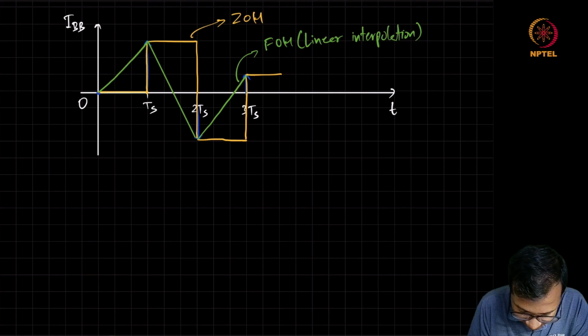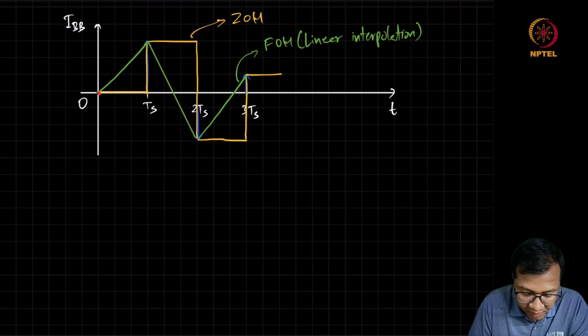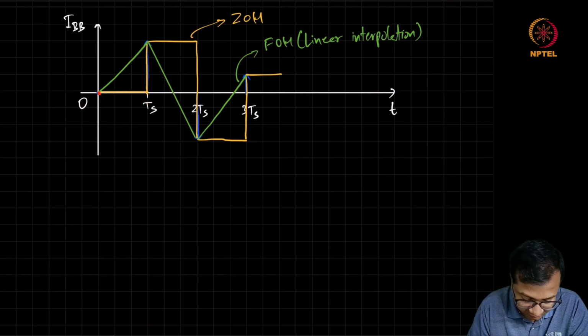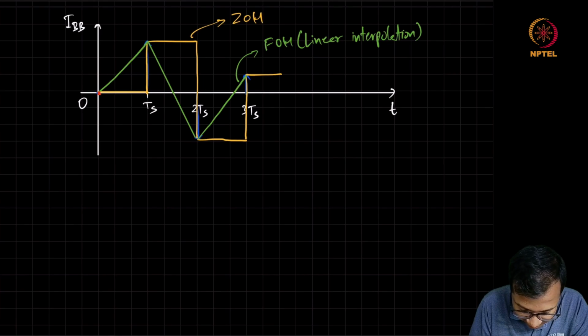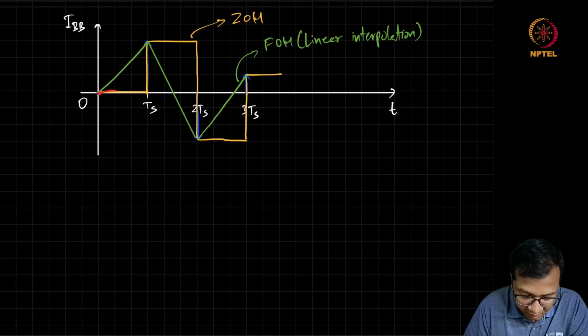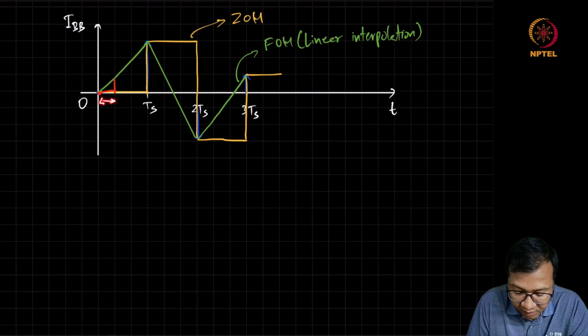So if we are starting from this sample, instead of taking the complete jump after the sampling period Ts, we can split the jump into small steps, and we can start the output to change after much smaller duration as compared to the sampling period.